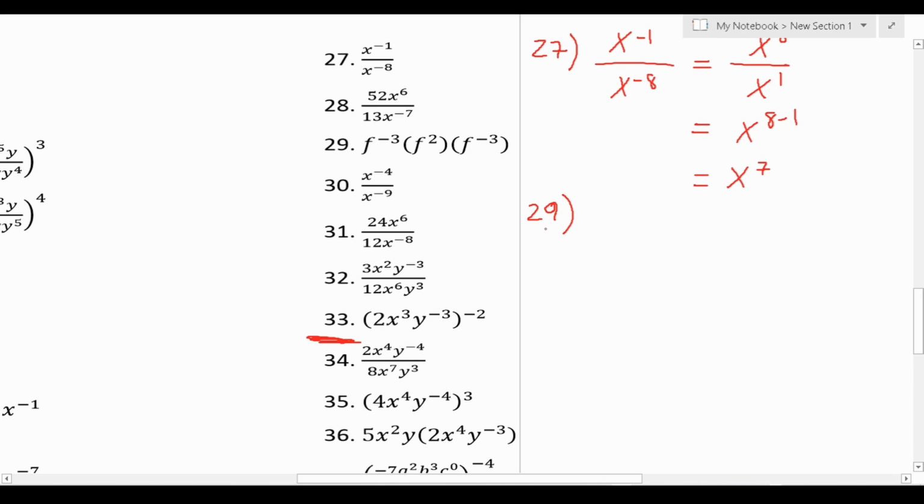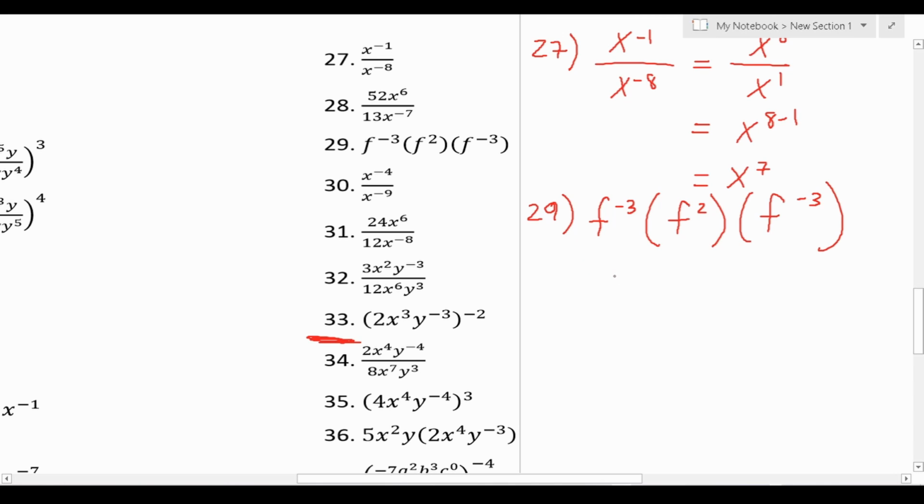29. We have f to the negative 3 times f squared times f to the negative 3. Again, this is just multiple iterations of the product rule. So in light of that, we're going to just take them one at a time. Well, we can actually do them all at once. It's not that big of a deal.